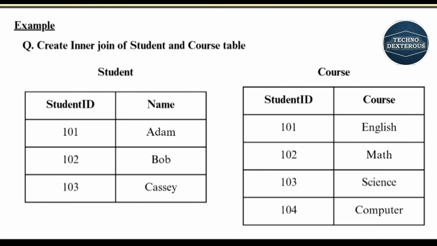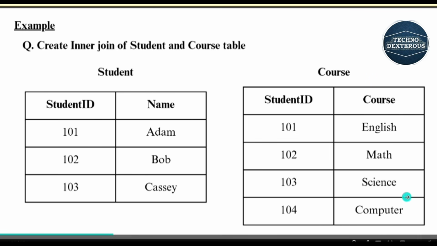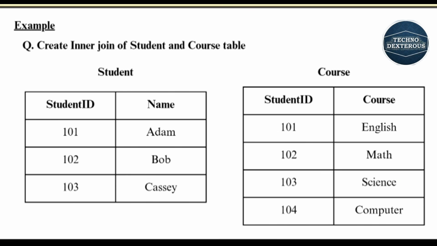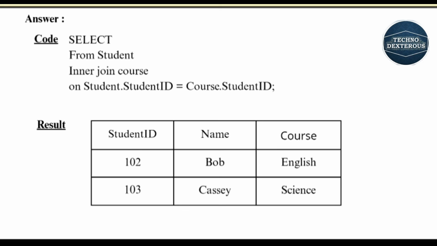Here is our first table, student, and this is the overall data, student ID and student name. Then the second table is course, in which student ID and course data is present. Here we perform join operation on student and course table.